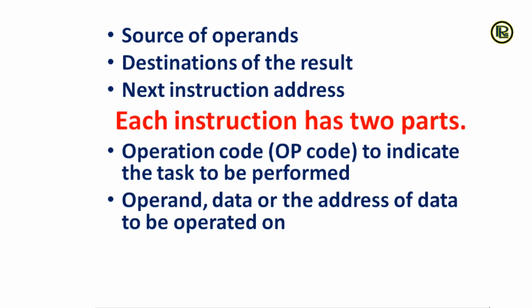And each instruction has two parts: operation code or op code to indicate the task to be performed, and the operand data or the address of data to be operated on.